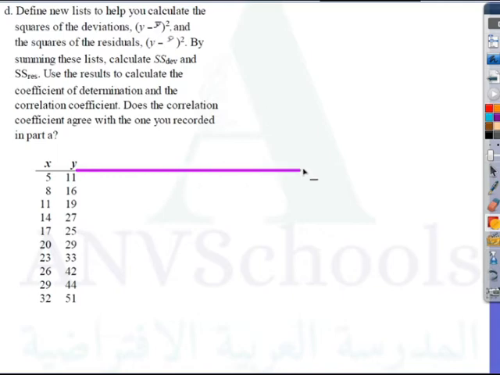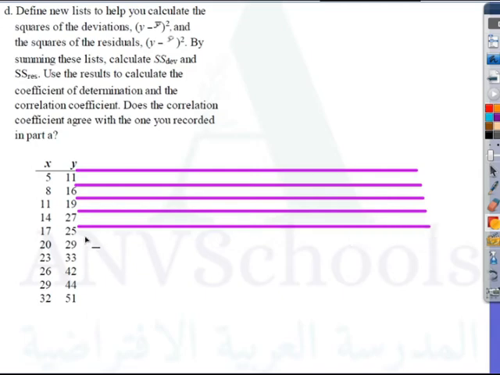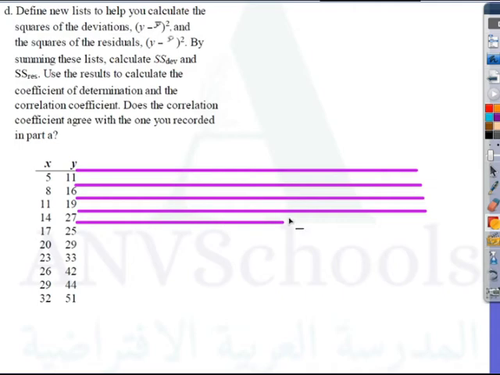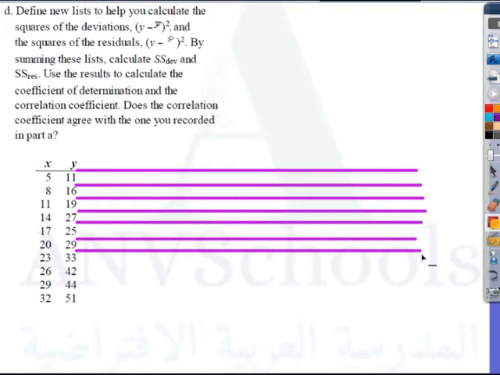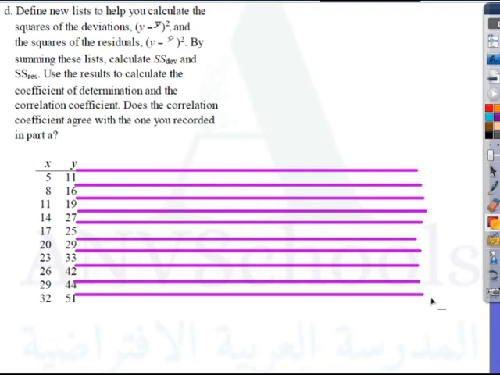So we need to add lines here. Now we have to make 4 tables.